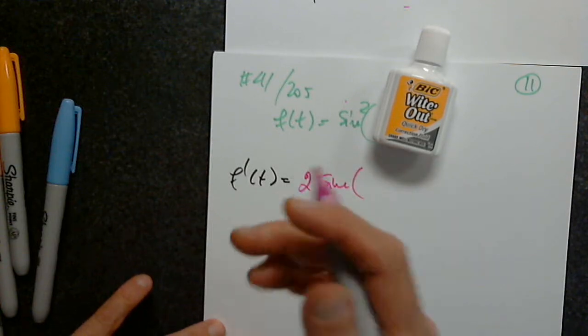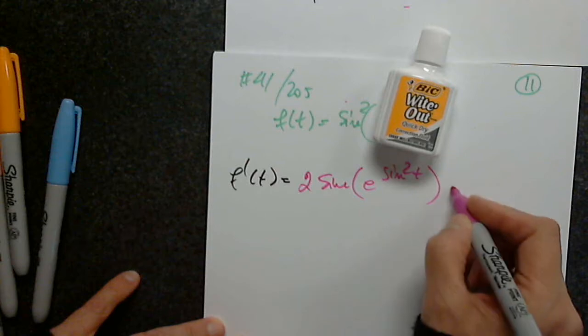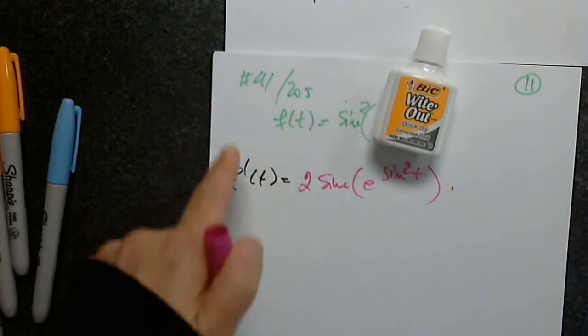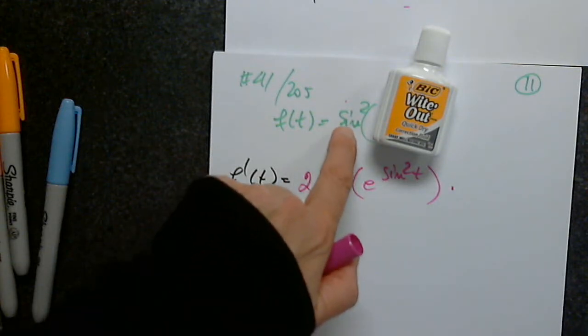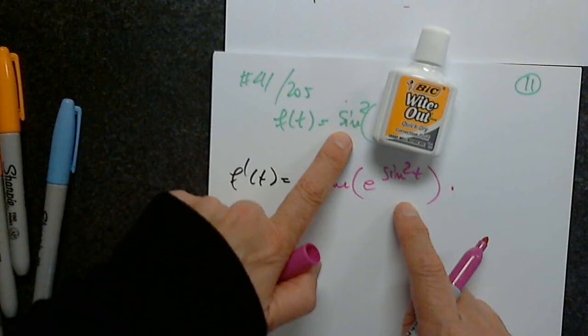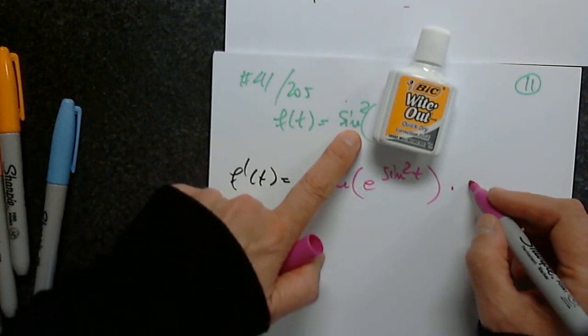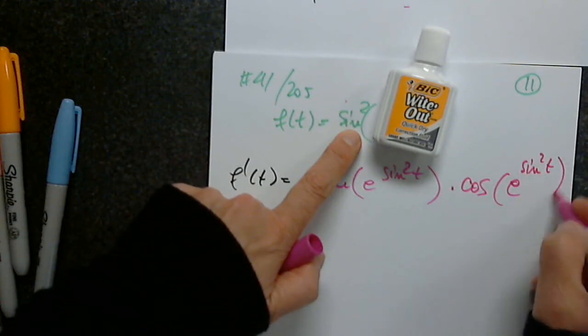I multiply by the sine of the whole thing times the inner function prime. So 2 times sine raised to 2 minus 1 times sine prime of the same argument. What is sine prime? Cosine of e to sine squared t.